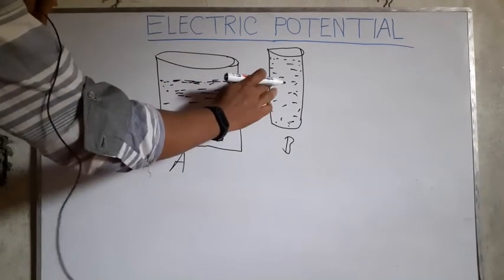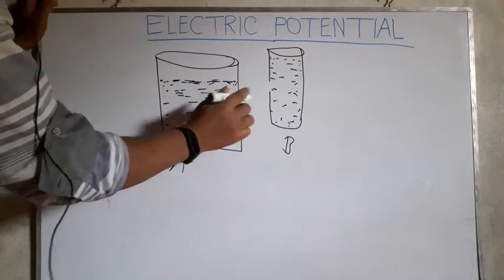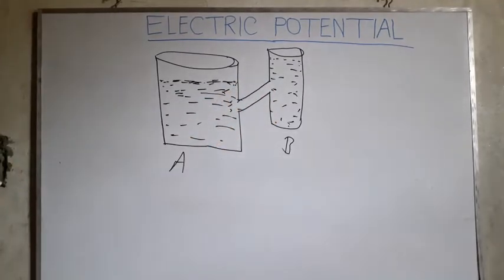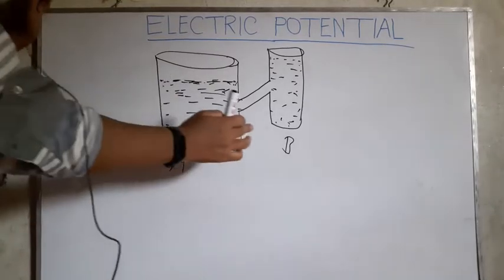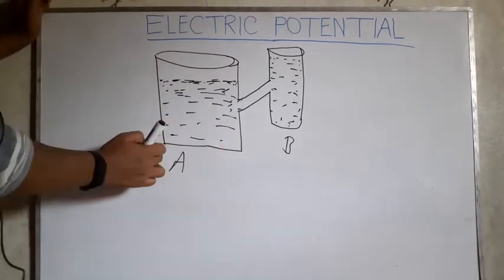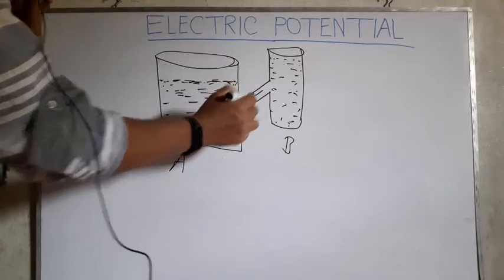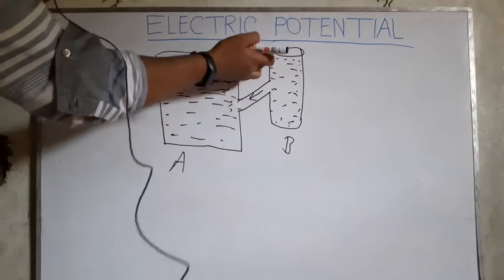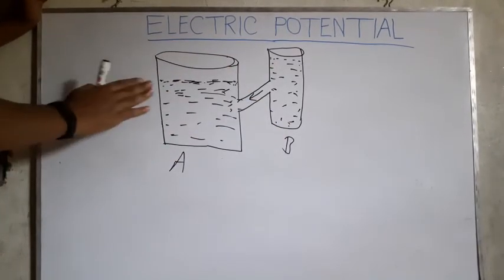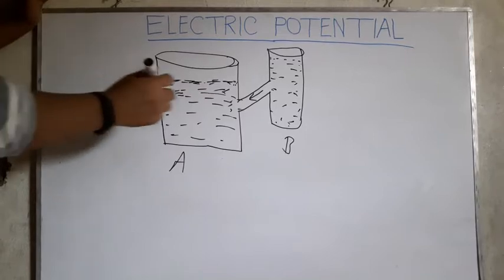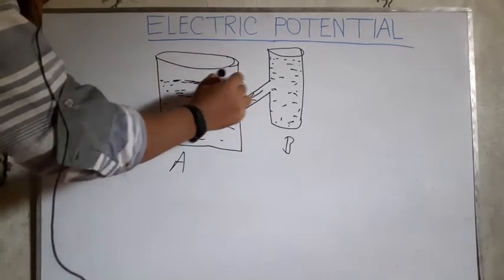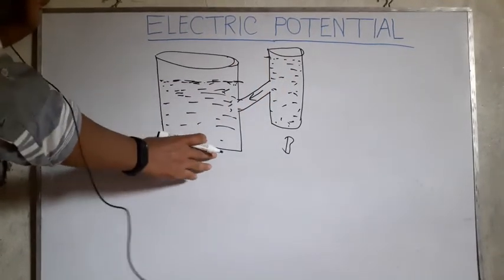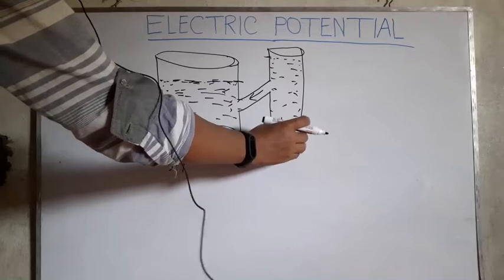If we connect these two containers with a pipe, then the flow of water will be from container B to container A, because the water level at container B is higher than the water level at container A. Here water level up to this and here water level up to this. Here the amount of water in container A is more than the amount of water in container B.